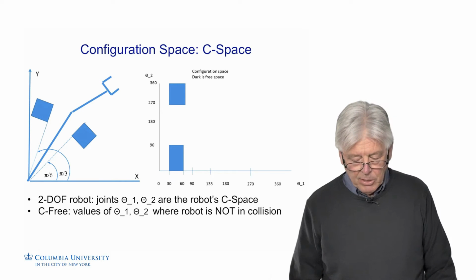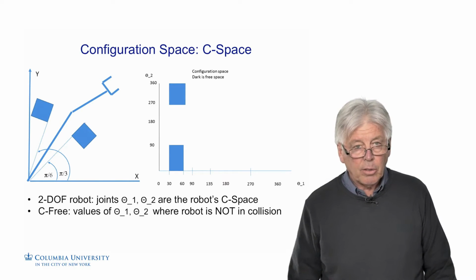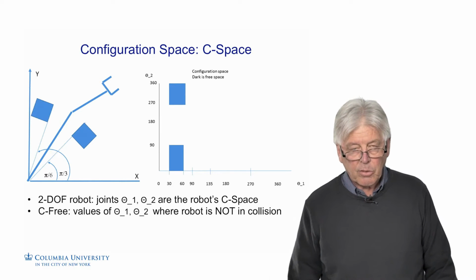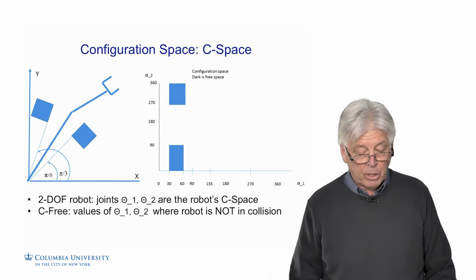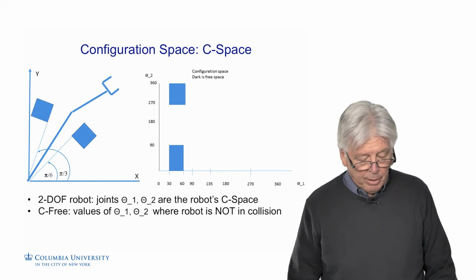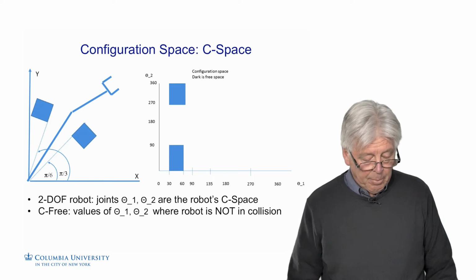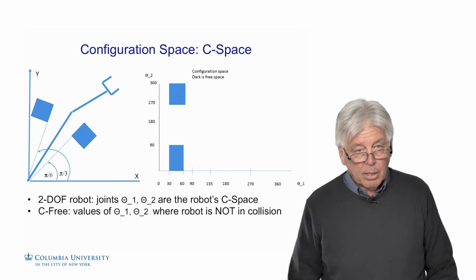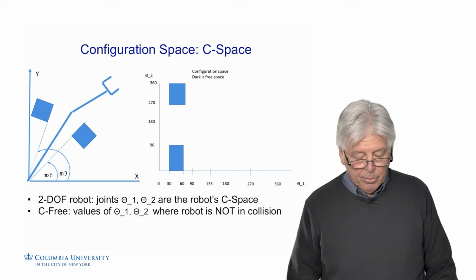And the dark boxes in the configuration space are the legal ranges. Okay? The white space is what is illegal. Those are configurations which a robot cannot reach. So you can see, for example, the first joint of the robot can only go between pi over 3 and pi over 6, between 30 and 60 degrees. And so we represent that on the horizontal axis of the configuration space graph, so we can go only between 30 and 60.